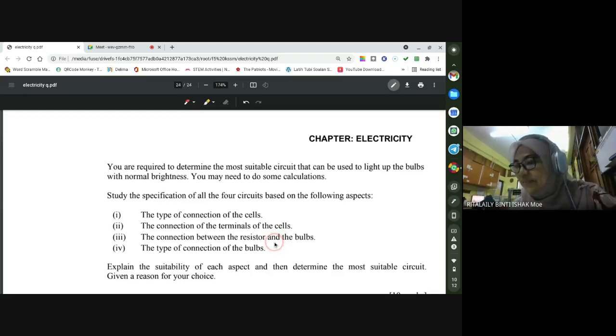Okay, boleh sudah? Yes. Okay, so number 3, connection between resistor and the bulb. How should we connect the resistor with the bulb? Should we connect in parallel or should we connect in series?